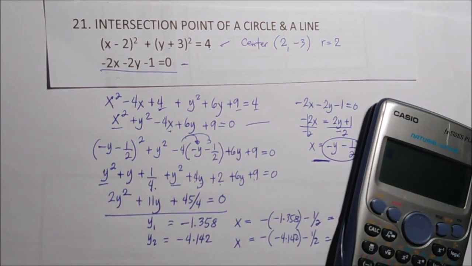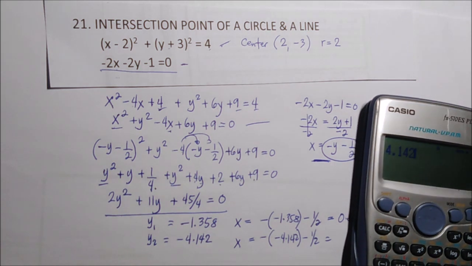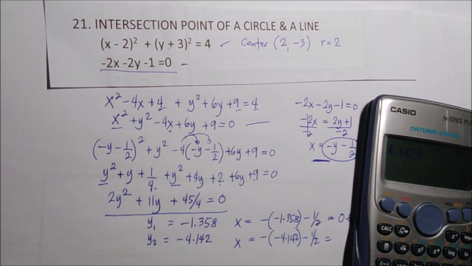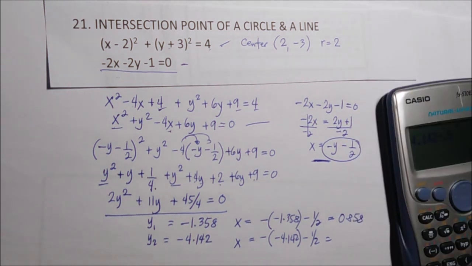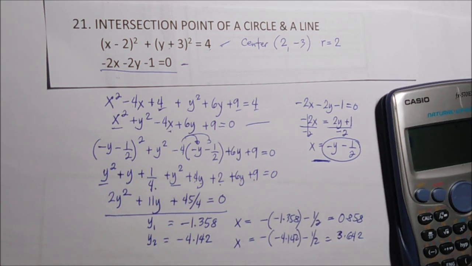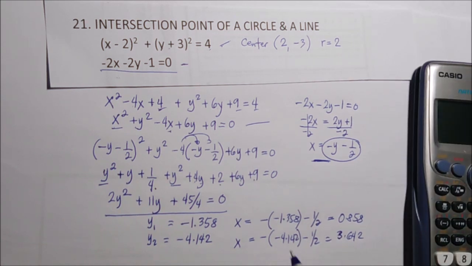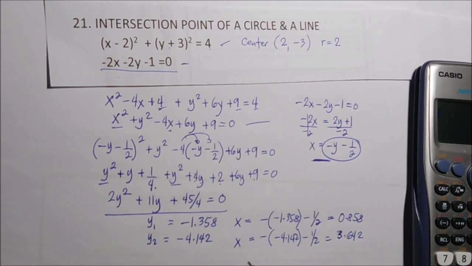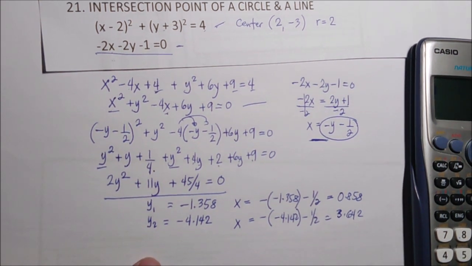So it will become 4.142 minus 0.5, 3.642. So the intersection points of this circle and the line, we have x and y.